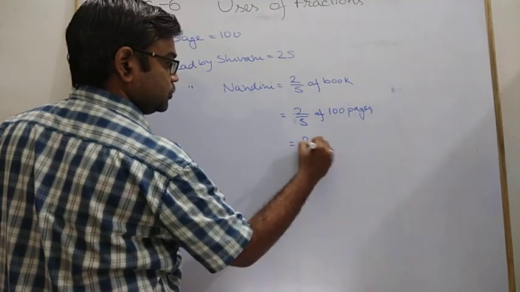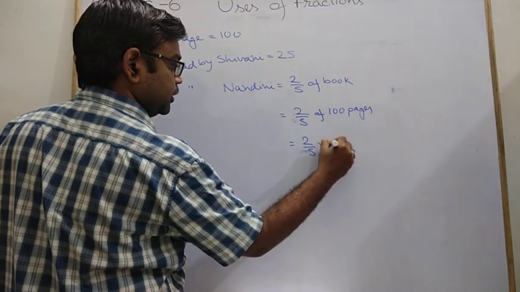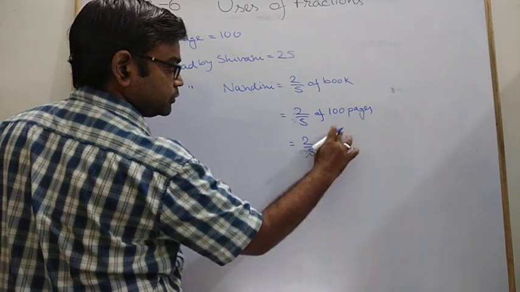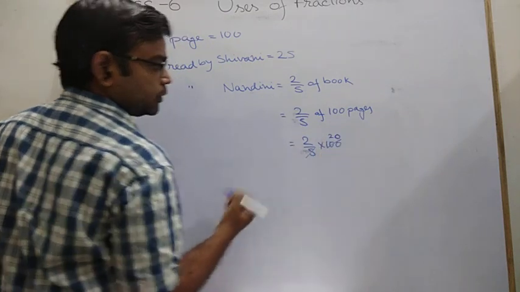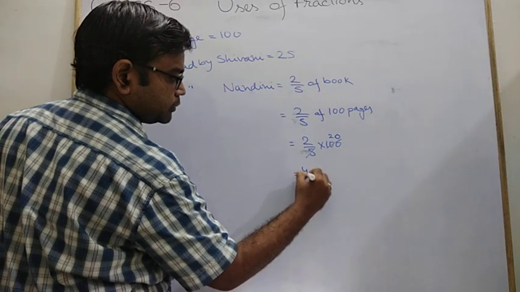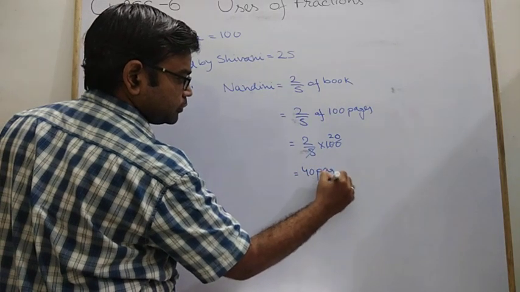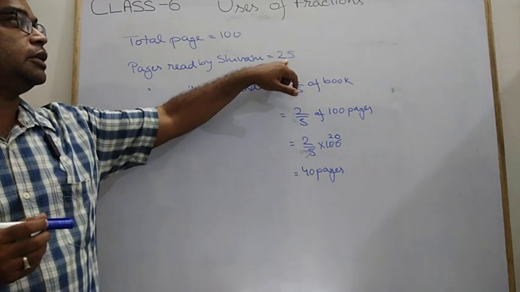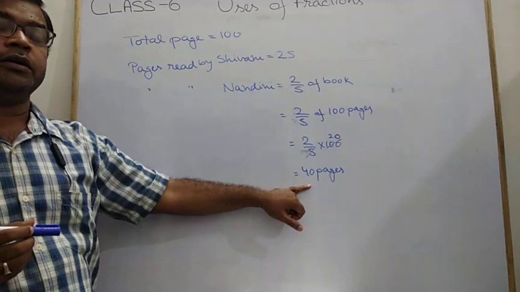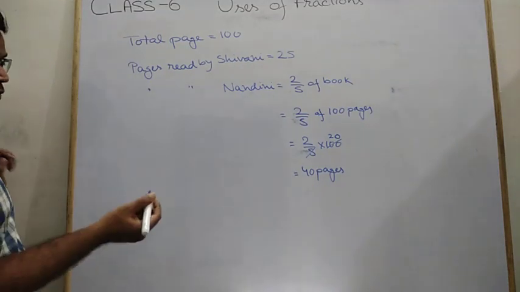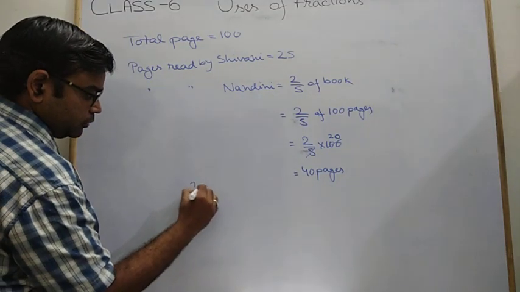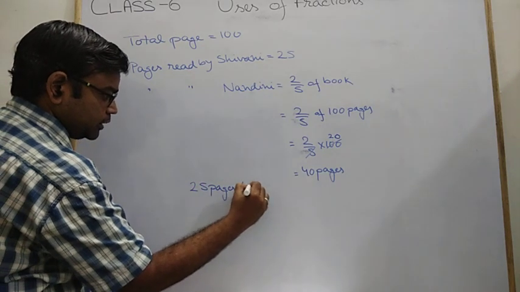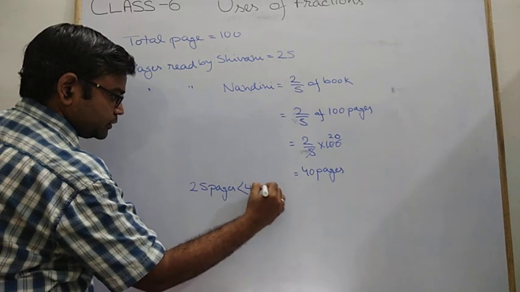It means 2/5 into 100. 5 twenties are 100, so it's 40 pages. So who read less? Obviously Shivani read less, because she read 25 and Nandini read 40 pages. So here you can write that 25 pages is less than 40 pages.